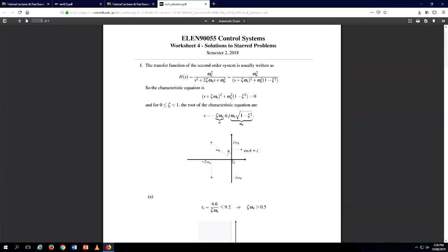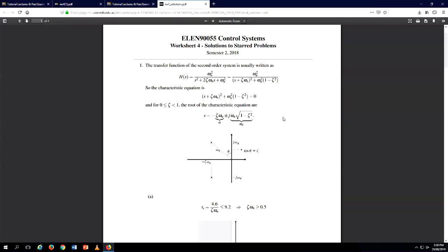So omega n is the distance of the poles from the origin. And the angle theta between the line connecting the pole to the origin and the imaginary axis is really arc sine of the damping ratio. So when the damping ratio is small, this angle is small, so you are close to the imaginary axis.